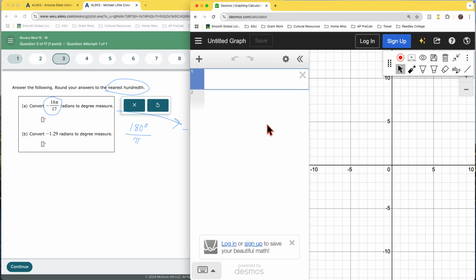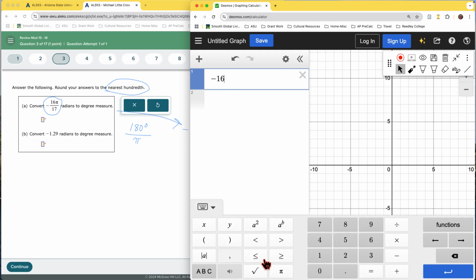And we can do that with decimals. Negative 16 times 180. We drop the degrees on that, and then we divide that by 17. So it's negative 169.41. Nearest hundredth is the 1. Next to the 1 is another 1, so it rounds down: 169.41.